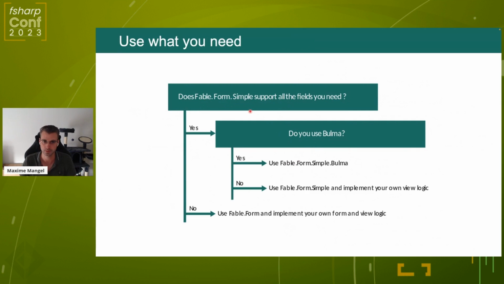But if you need some specialized field like color picker, date time picker, and so on, you will need to use the core package as the building blocks of your application and implement your own form and view logic. It can be a bit intimidating at first to implement these low-level packages, but you can just copy-paste my code and try to play with it and just follow the compiler's errors. And in general, it's pretty easy to do once you did it once.